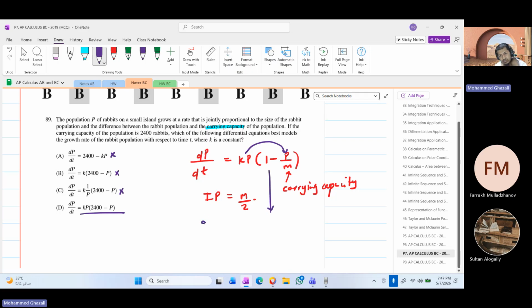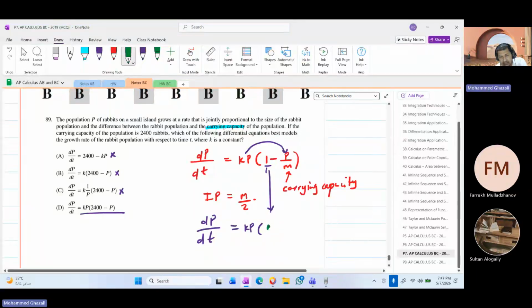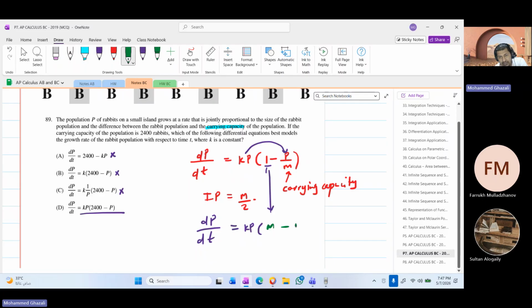See, if you modify this equation, dP/dt is equal to K times P into 1 minus, no, let's modify this. Then obviously this is 1 over 1, right? So it becomes M minus P over M, okay?